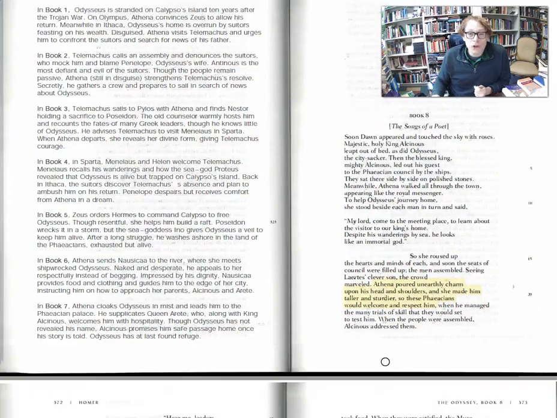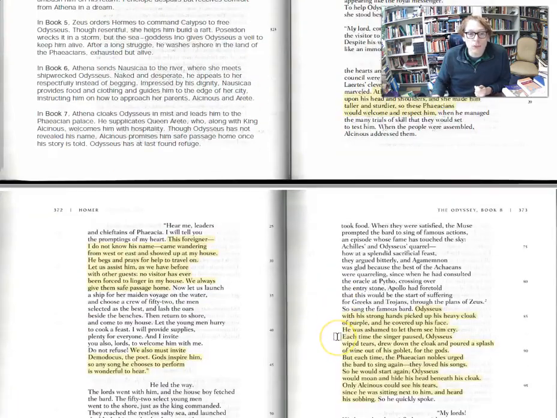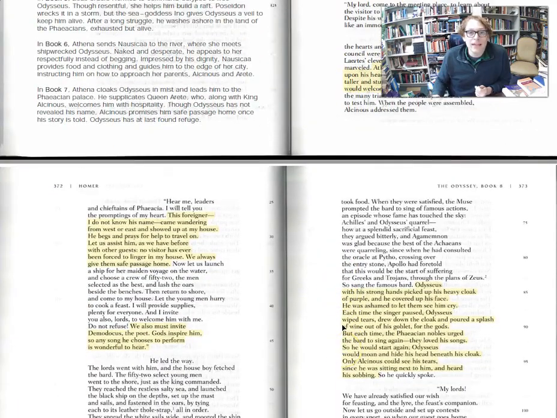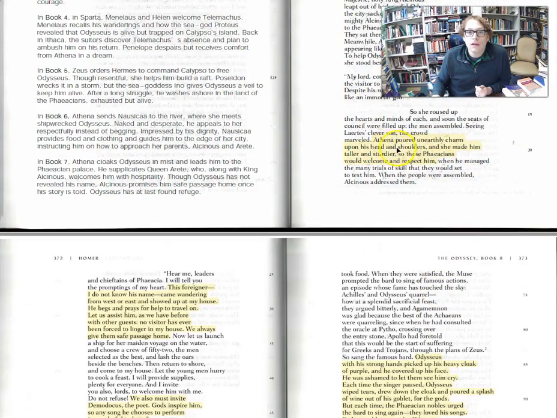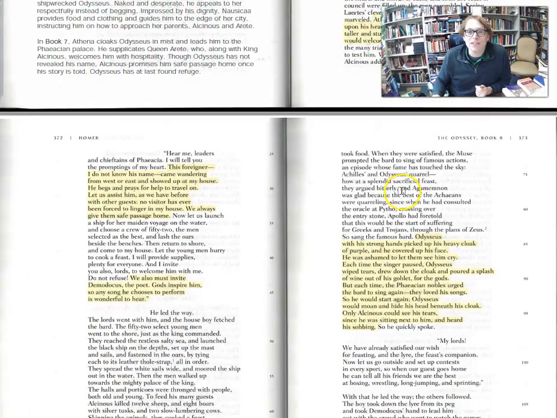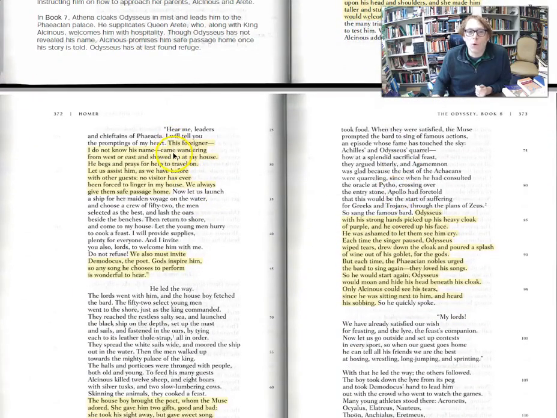All right, so let's scroll down just a little bit. When the people were assembled, Alcinous addressed them. So the king says to the people, "This foreigner, I do not know his name," and that's an important tenet of Xenia. It is wrong in Greek culture, when a stranger comes to your door, to start by asking, "What's your name?